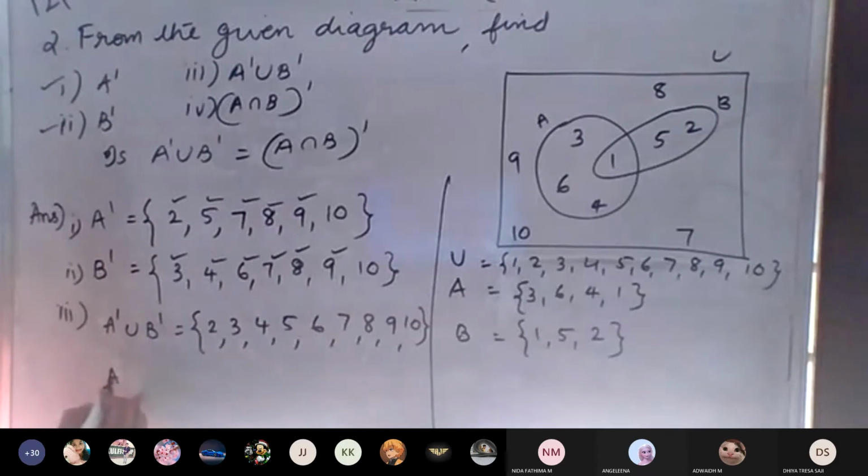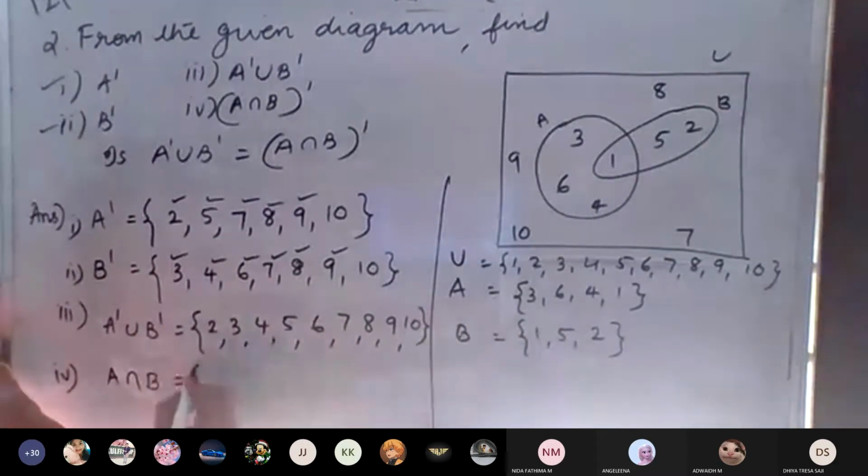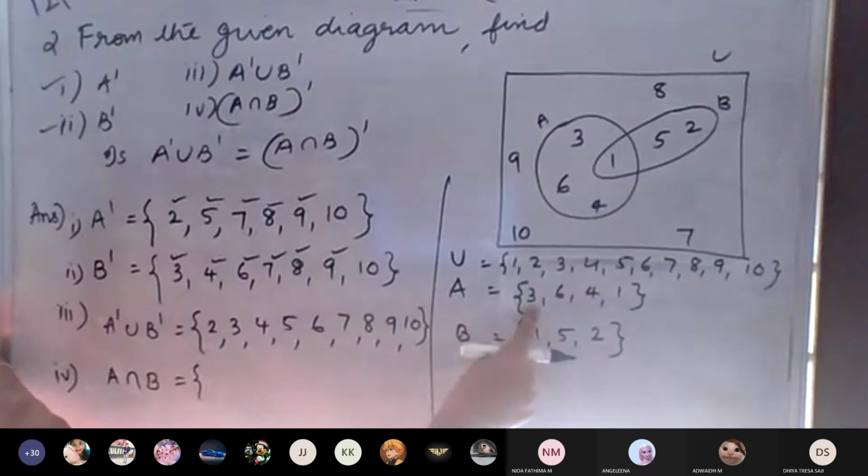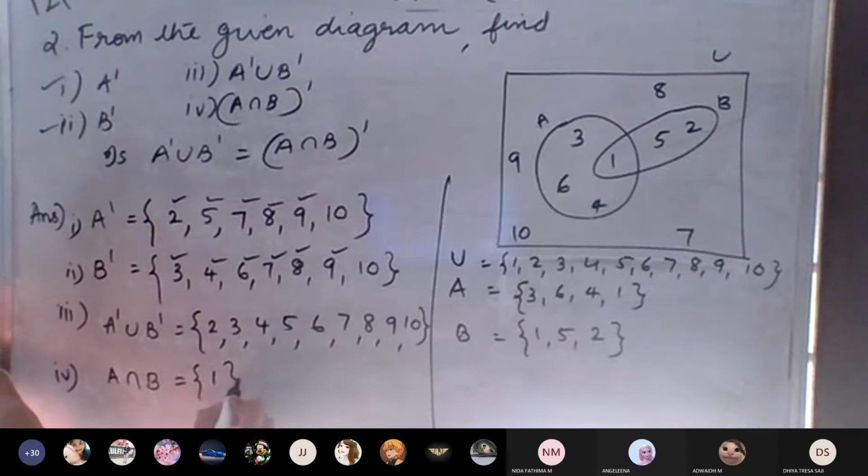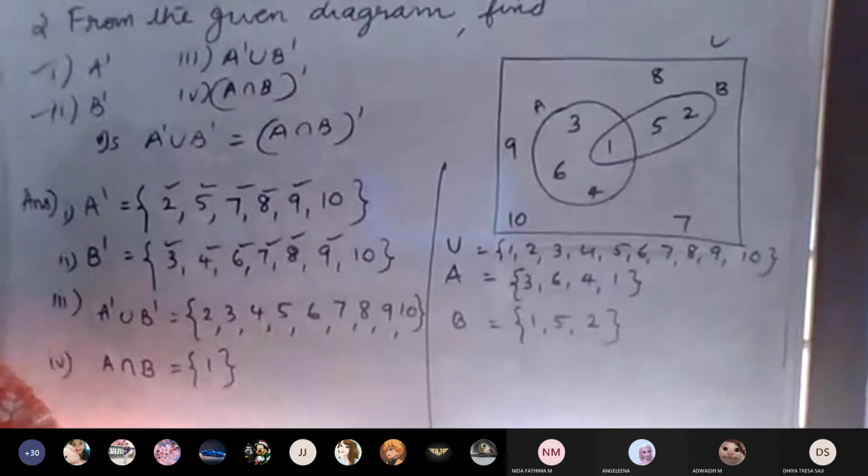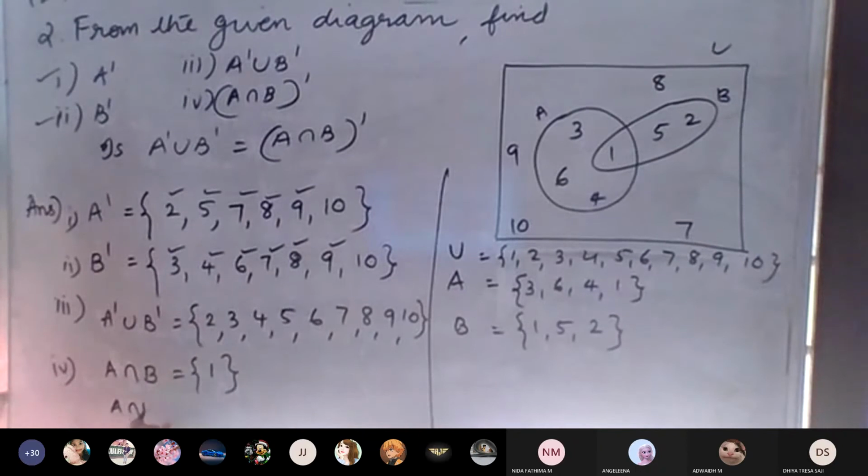A intersection B means the common element, only 1. So A intersection B whole complement means it should not be in A intersection B.